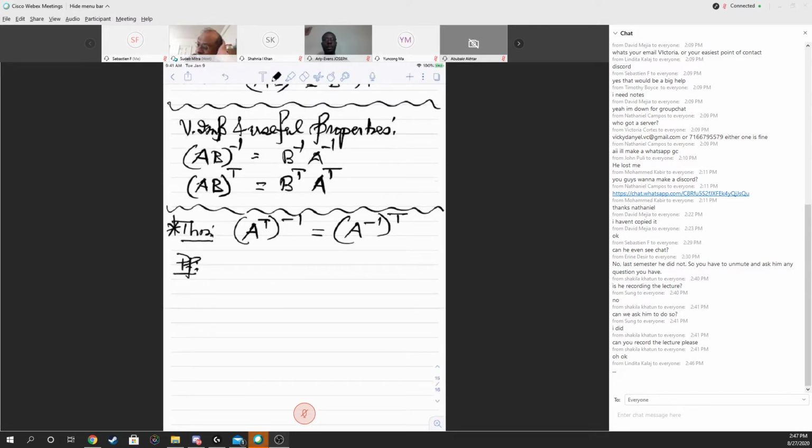Okay, let's try to prove this. A A inverse is I. We know that, right? That implies take the transpose on both sides.